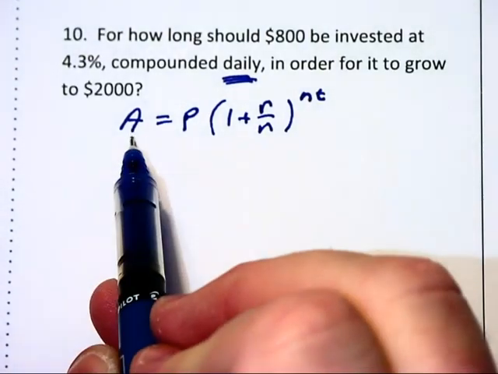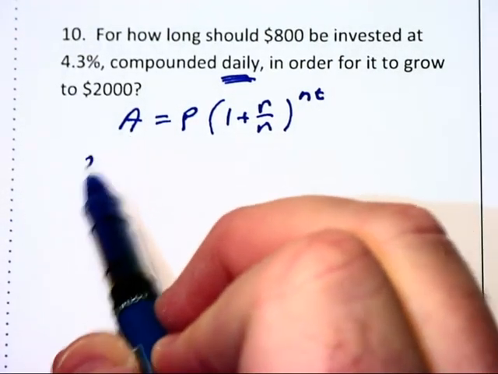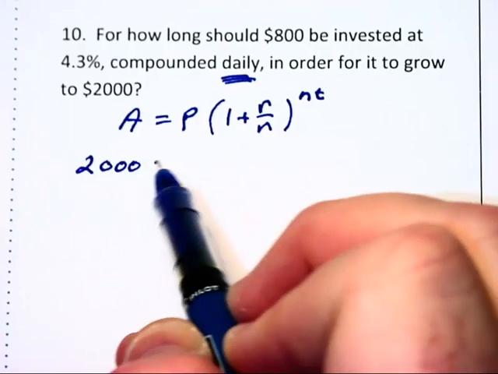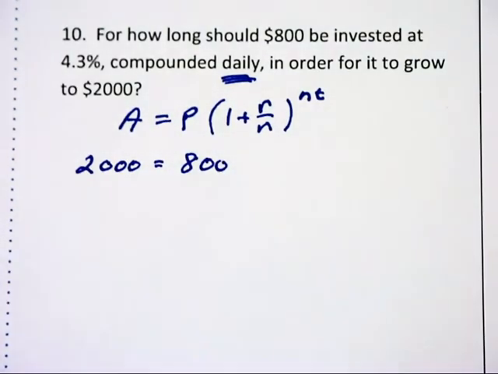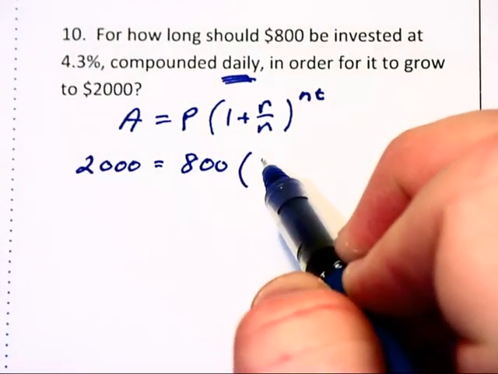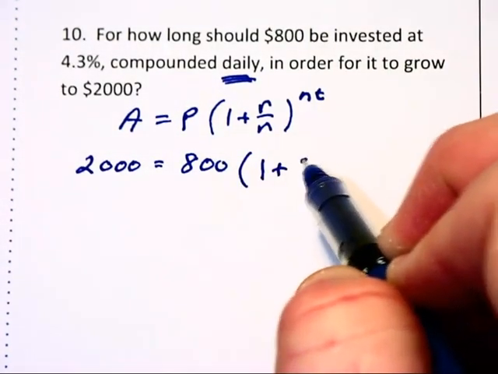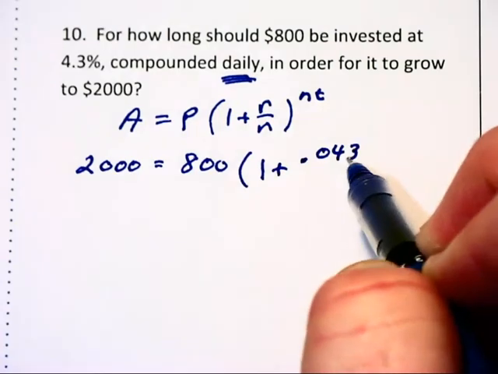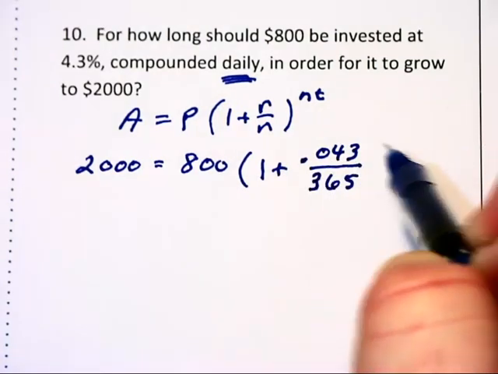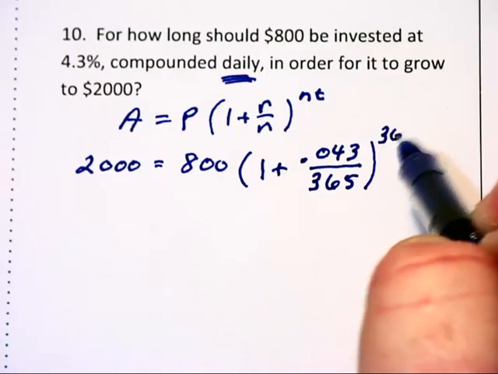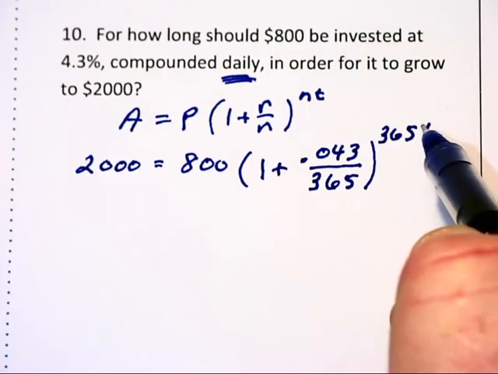Now, the amount of money it's going to grow into is going to be $2,000 when $800 is invested, and that will be our value of P, times 1 plus r, which is 0.043 over n, that's daily 365, raised to the 365 t power.